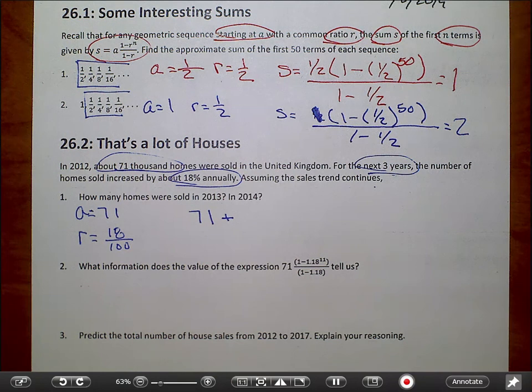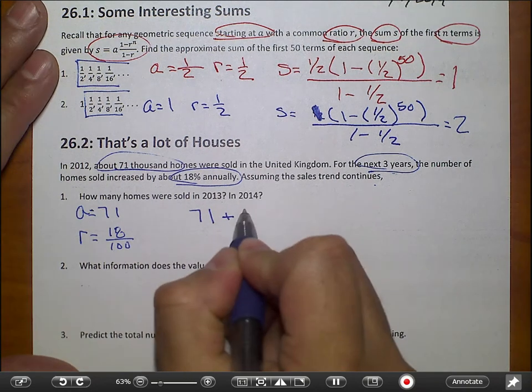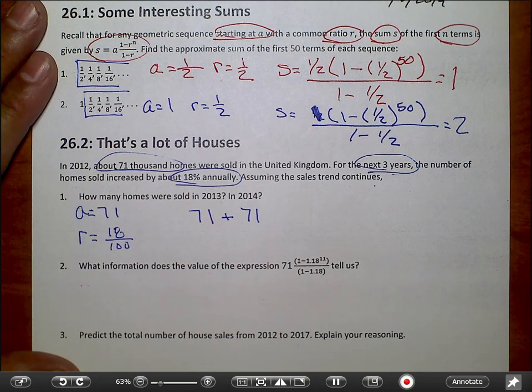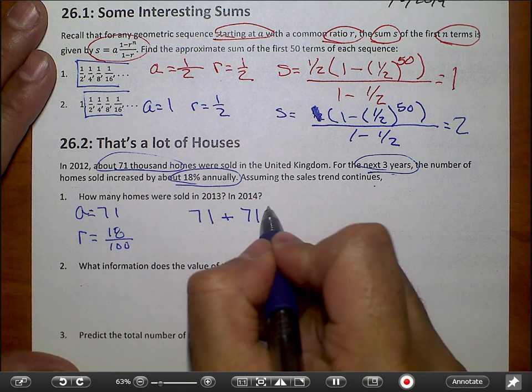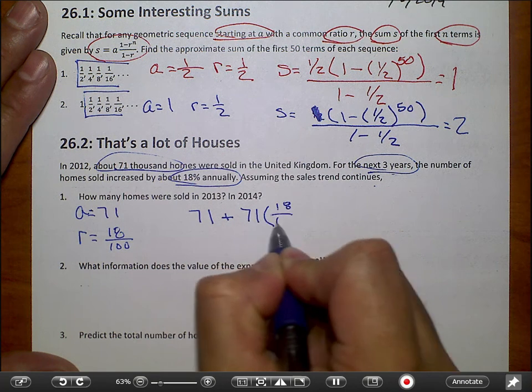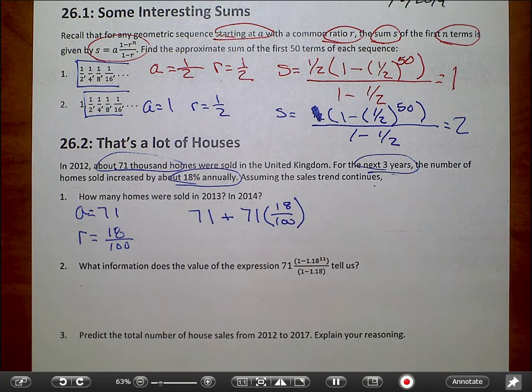71 times 18 over 100. Wait, why are you trying to multiply 71 by 18? Did you look at yesterday's notes?